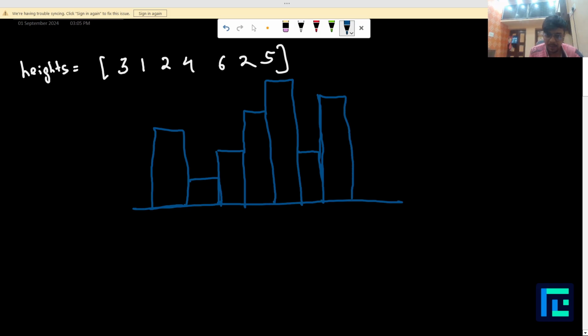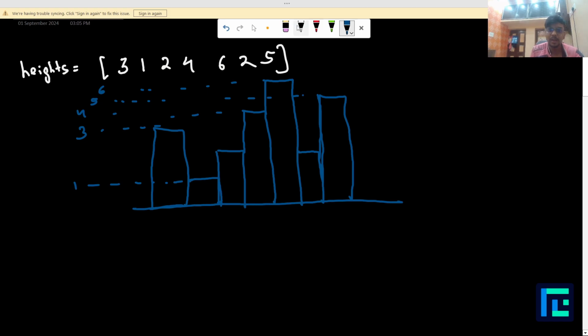Okay, so if I just simply draw this, this is nothing but 3, this is nothing but 1, this is nothing but 4, and this is nothing but 6, and this is nothing but 5.